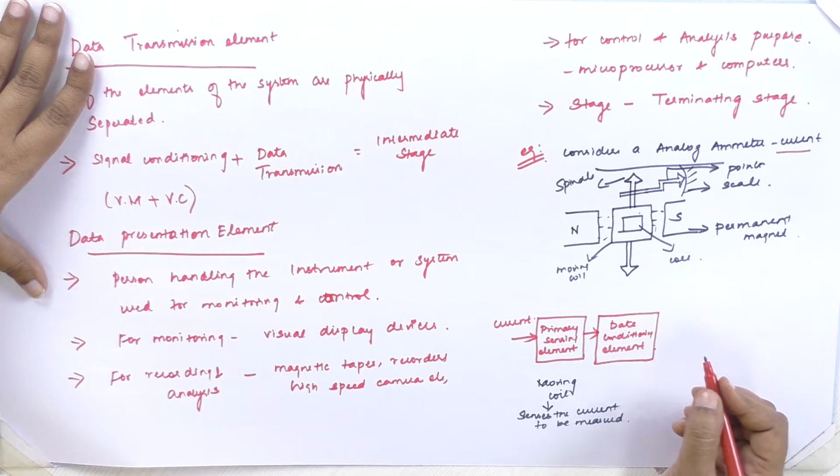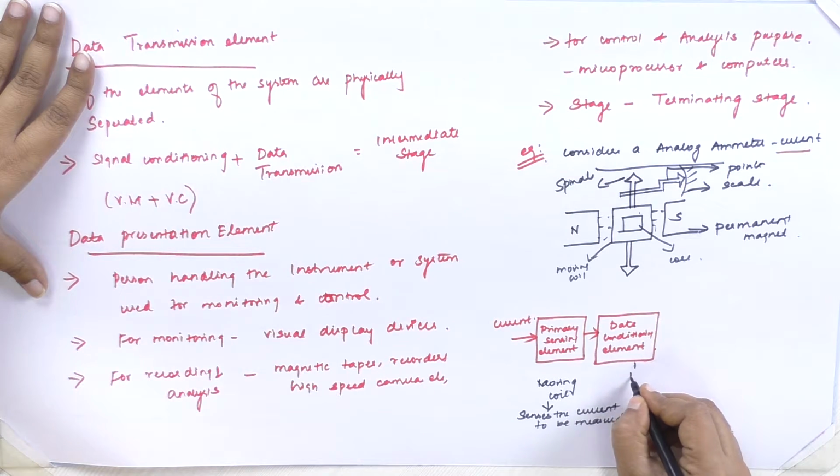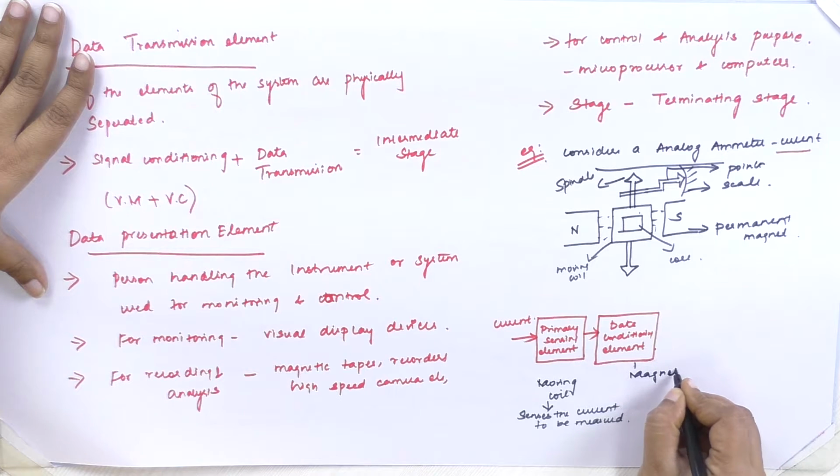So, the data conditioning element in the moving coil ammeter will be magnets and other components that act as a data conditioning element. What will this do?